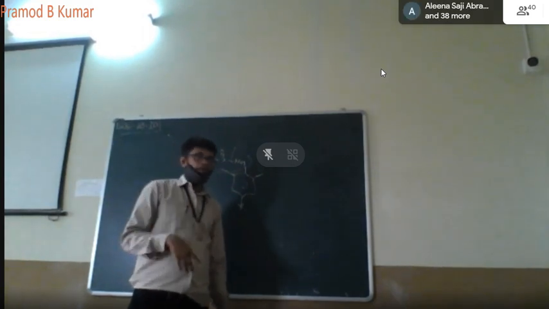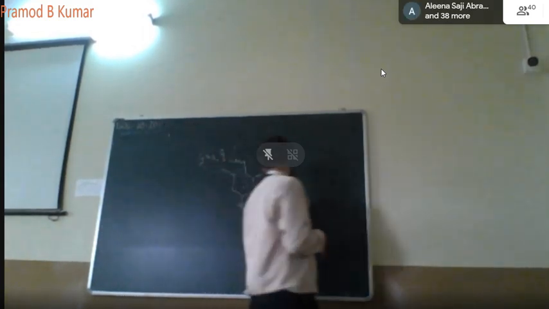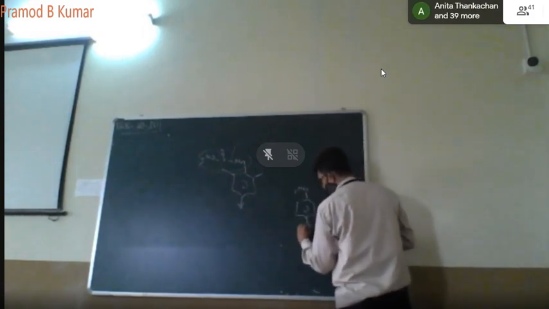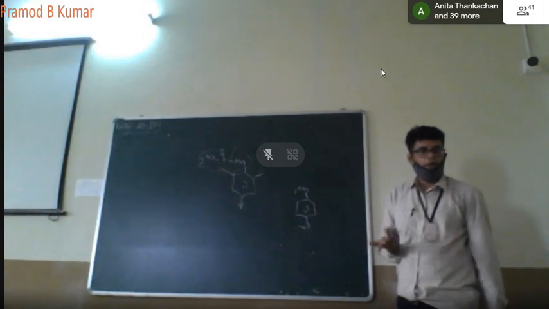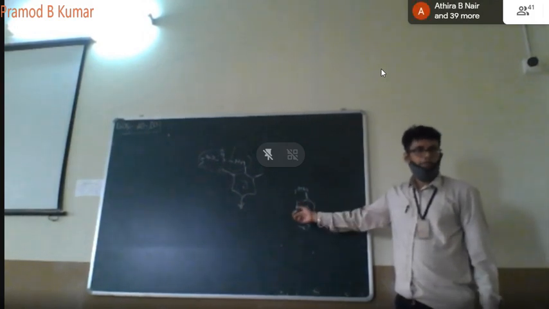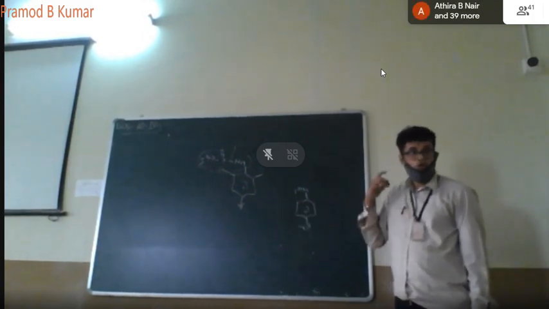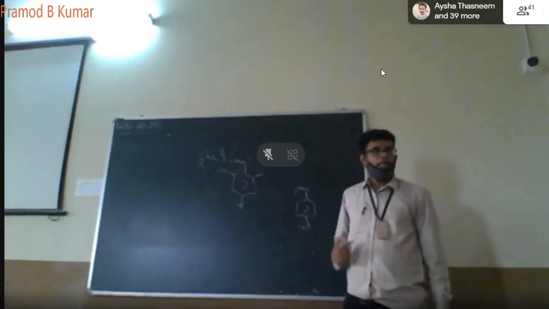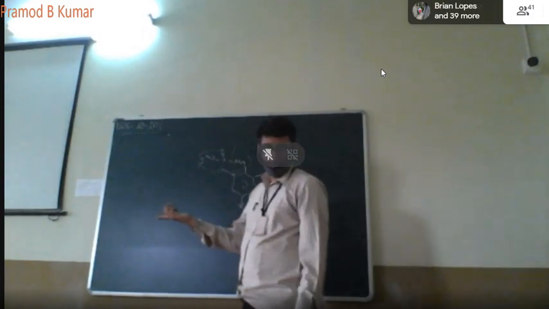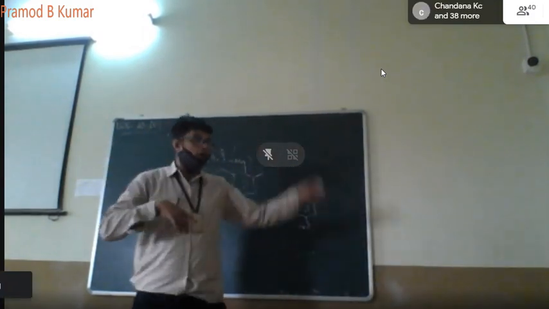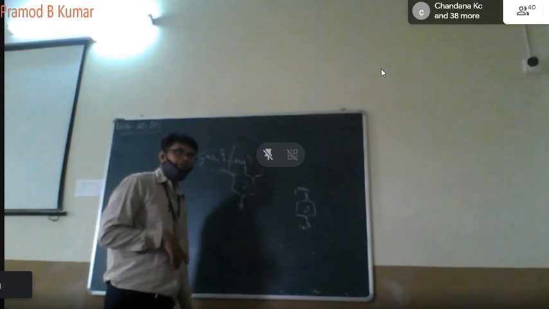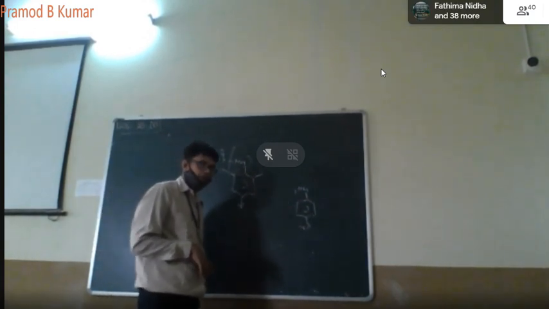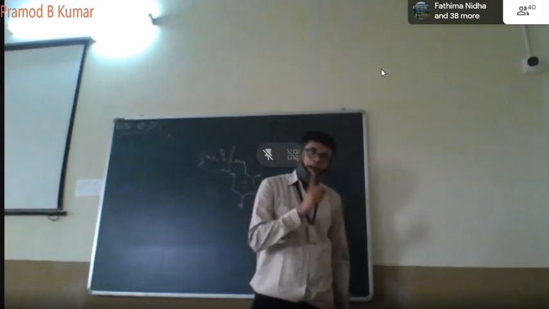Sometimes the examiner will ask, how will you prepare parabromoaniline? If you treat aniline with bromine you get tribromoaniline. So we convert aniline into acetanilide. Acetanilide undergoes bromination, followed by hydrolysis to give you para-bromoaniline. This is how we can prepare para-bromoaniline.